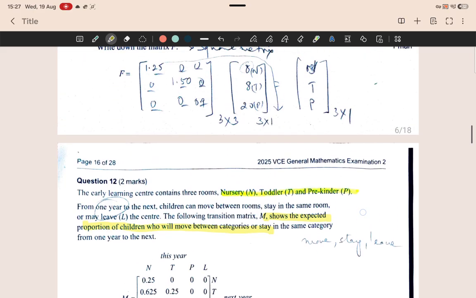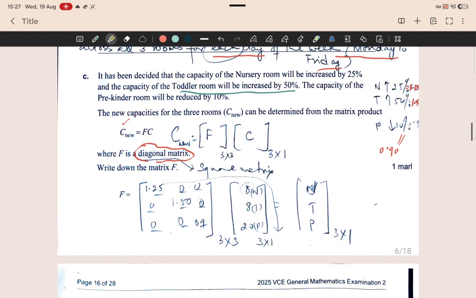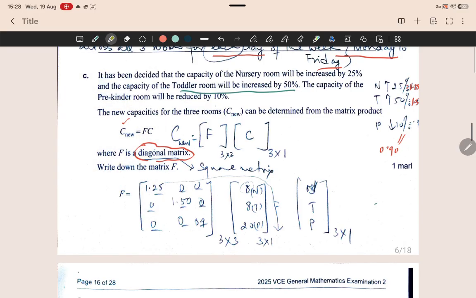Now something that I forgot to mention here is this is how you get the matrix F, but you can do this somewhere separately or in pencil, and the only thing you write is this answer, because that is your F.